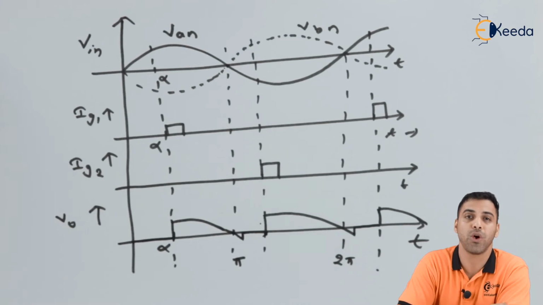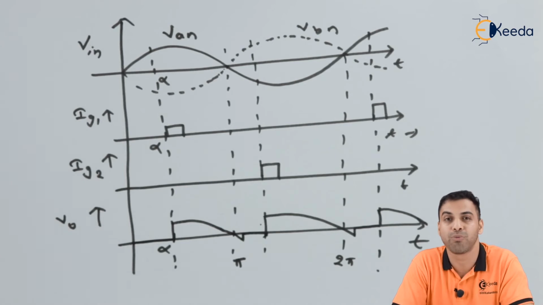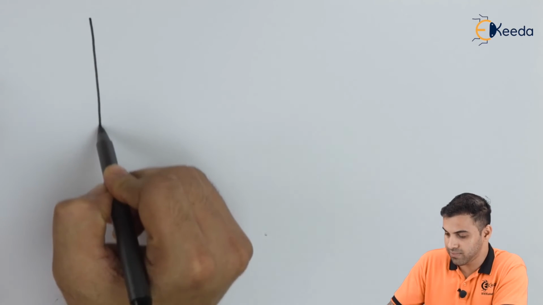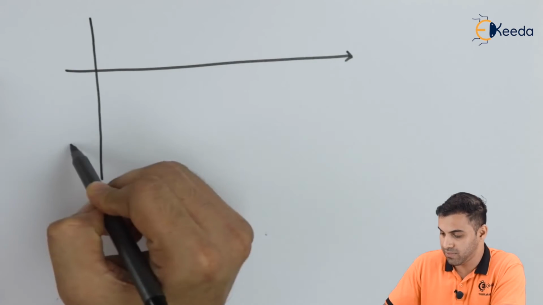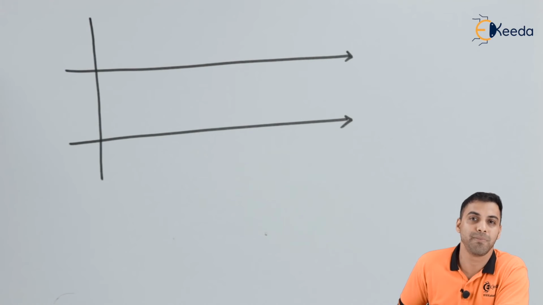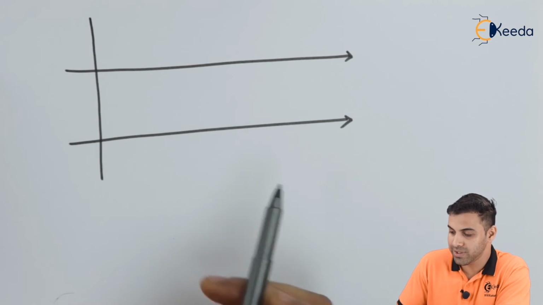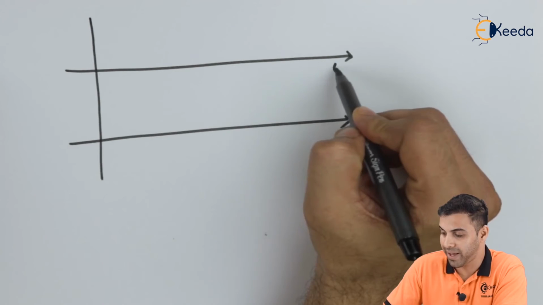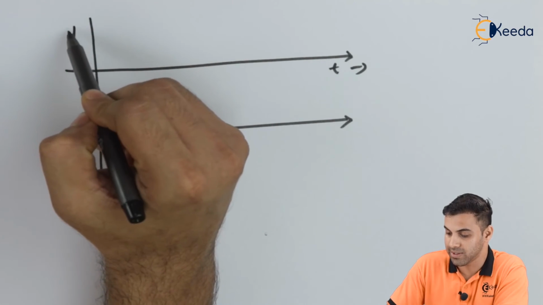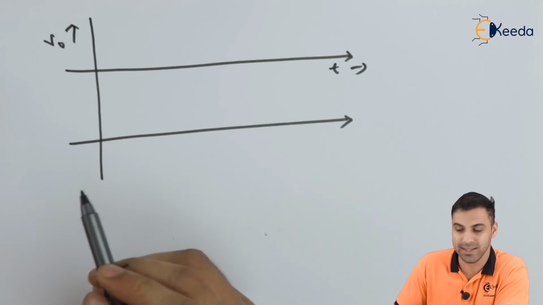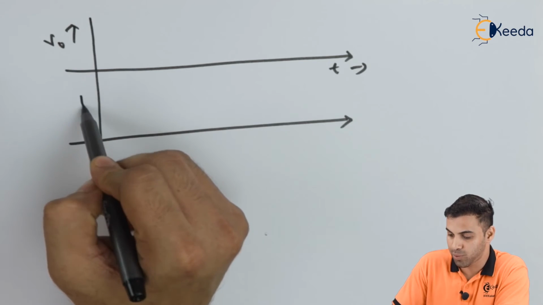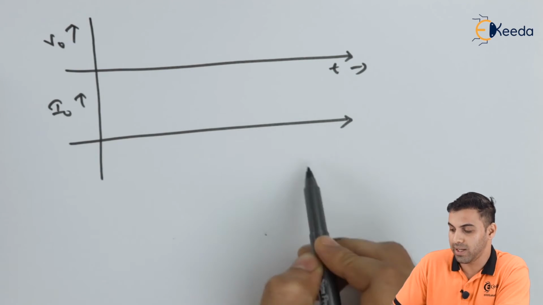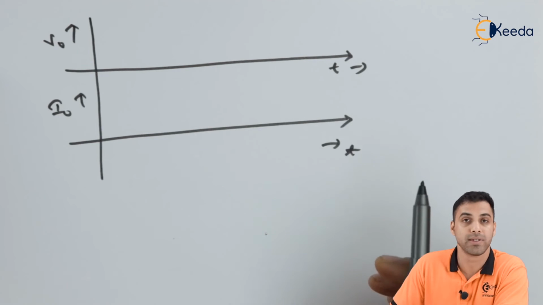Now friends, let's talk about the output current, how the output current looks like. So friends, let's compare the output voltage with the output current. So first thing which I am going to draw is the output voltage. Let's say this is the time axis, and let's say this is the output voltage axis, and let's say this is the output current, and let's say this is the time.